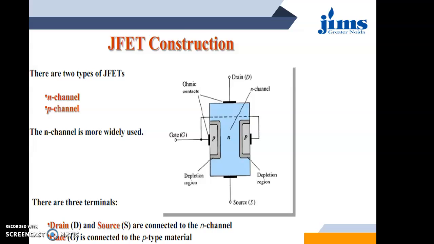The lower terminal of the bar is called source, and the upper terminal of the bar is called drain. So it also has three terminals like BJT. These terminals are source, gate, drain. Source is analogous to emitter, gate is analogous to base, and drain is analogous to collector.